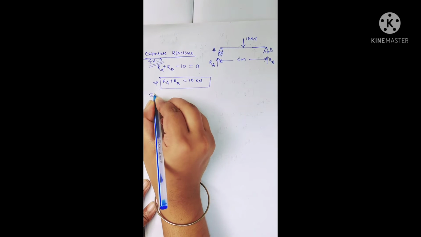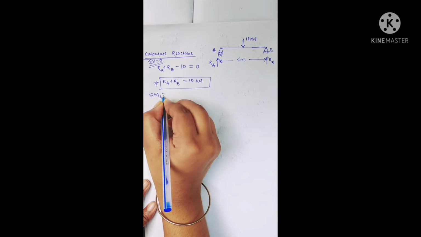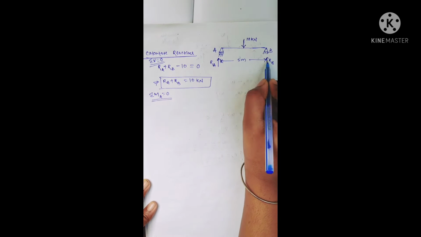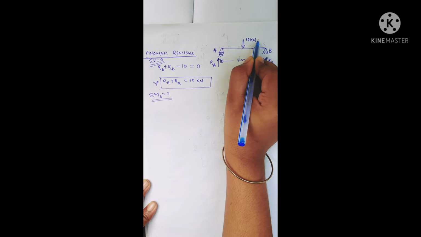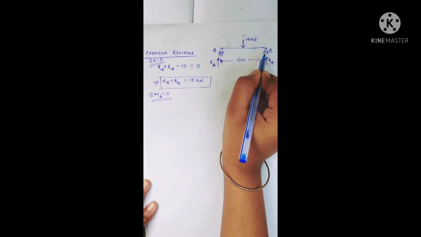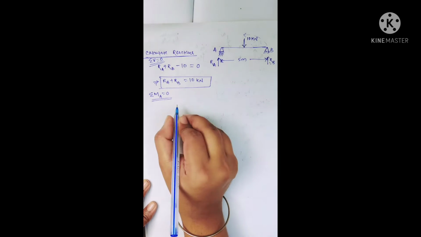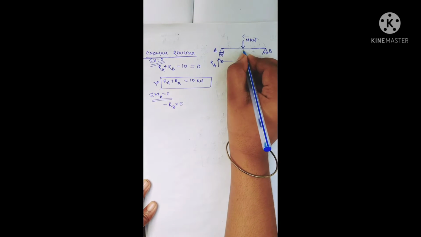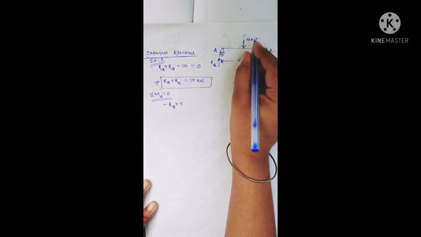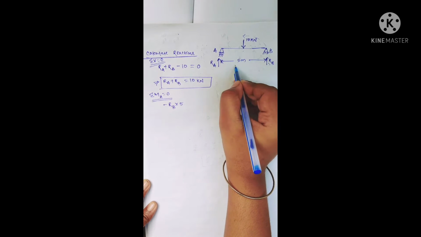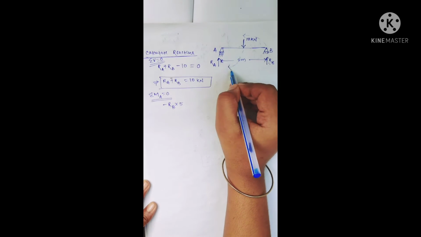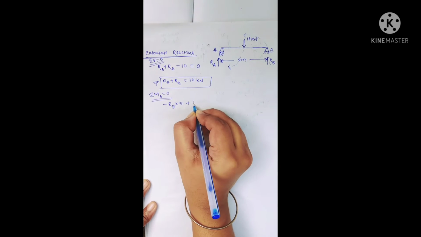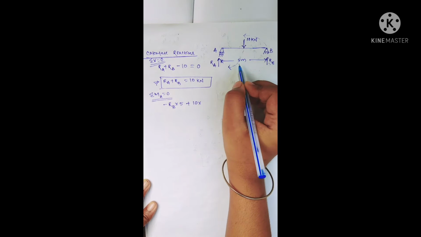Now summation of M about A equal to 0. This reaction RB gives anticlockwise moment, so it will be negative: RB into 5. The 10 kilonewton force produces clockwise moment, so it will be positive: plus 10 into the perpendicular distance.